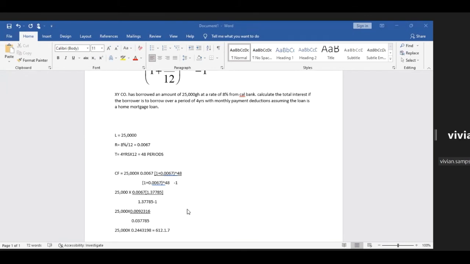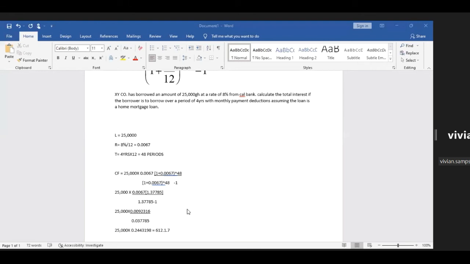No, you see, with the home mortgage one, the interest is calculated on the reducing balance method. Are you with me? But with the add-on rate, the interest is calculated on the principal throughout.